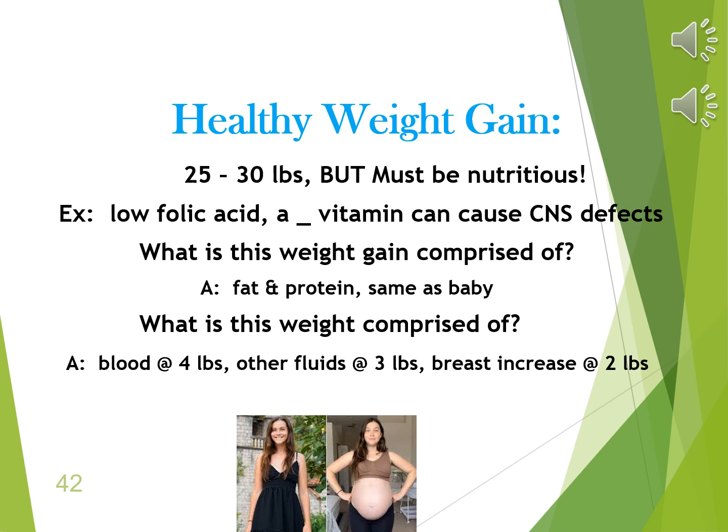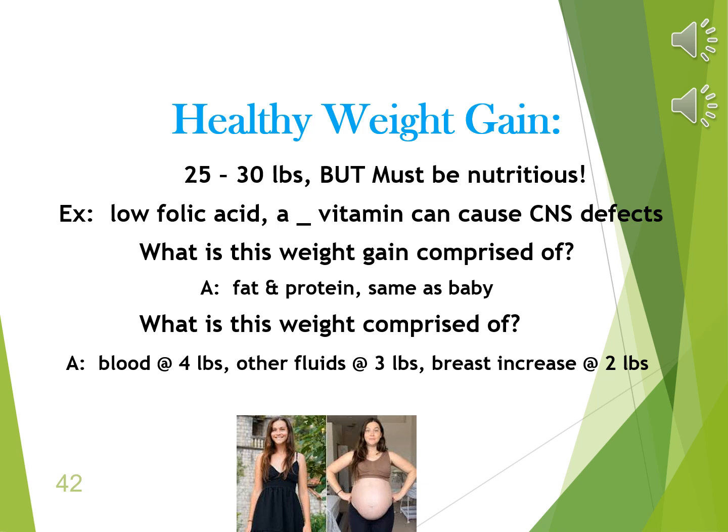So what is comprising this weight gain? Well, it most obviously would be the baby, the developing fetus, typically somewhere between 6 and 8 pounds, so certainly more or less. An equal amount, give or take, would be additional fat and protein on the mother's body. The next leading part of the weight gain would be, surprisingly, blood.